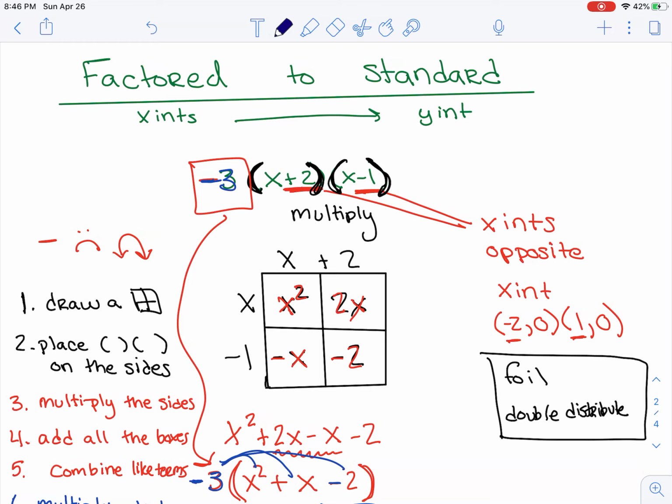Okay? So, if I give you a problem, this negative 3, the parentheses x plus 2, and then parentheses x minus 1, you see those 2 parentheses. Those 2 parentheses mean, hey, draw a box and multiply. By multiplying, we put those parentheses on the outsides. And then we multiply to get the insides.